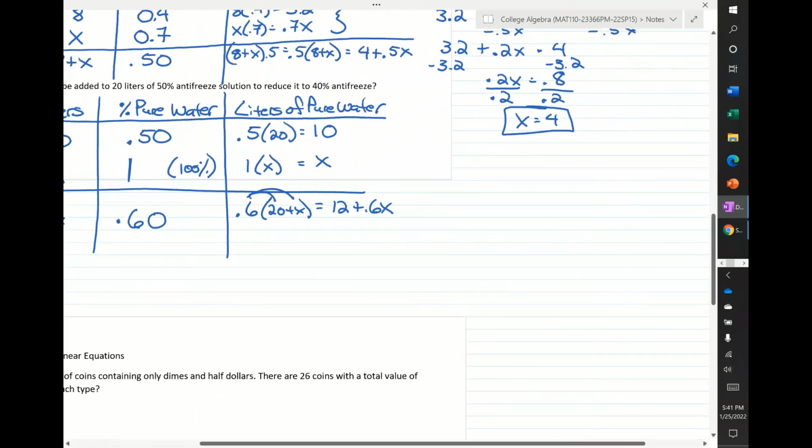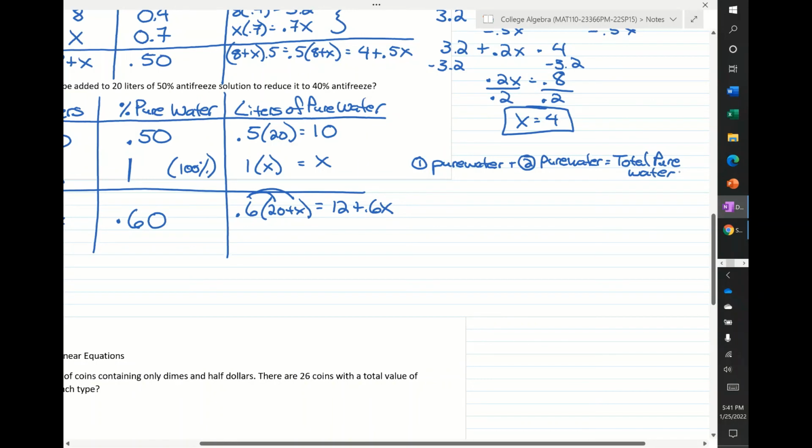And the way we'll finish this is we'll say pure water from the first solution plus pure water from the second solution is equal to the total pure water. This is how we're setting it up.